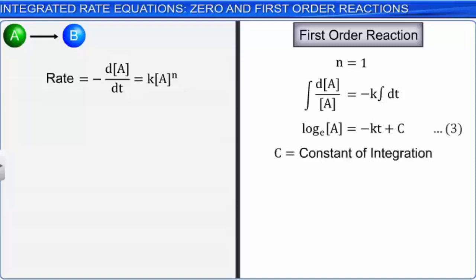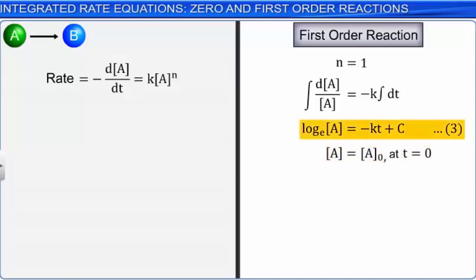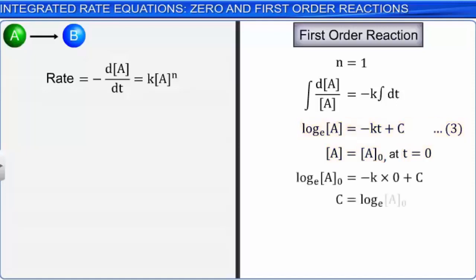Let this be equation 3. Let the concentration of reactant A be A0 at time t is equal to 0. Substituting the value of A0 at time t is equal to 0 in equation 3, we get C is equal to ln[A0].